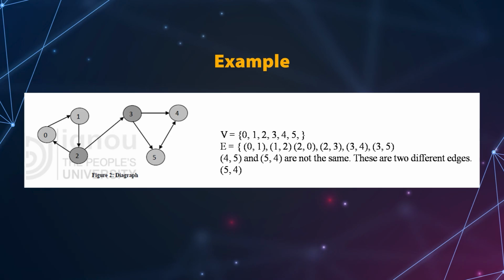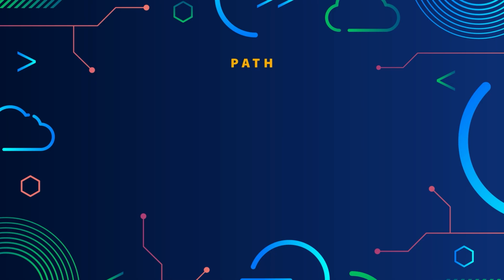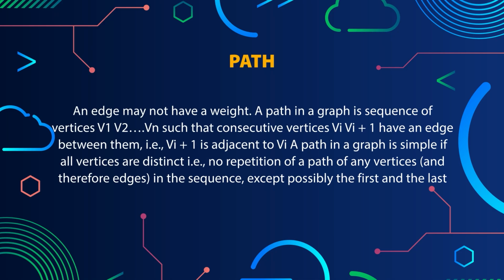Now, what actually is a path here? An edge may not have a weight. What I mean by weight is that if any value is written on an edge, that value will be referred to as the weight of the edge. Suppose in the previous example, in the edge 3 to 4, if I write 5 here, then the weight of 3 to 4 will become 5.